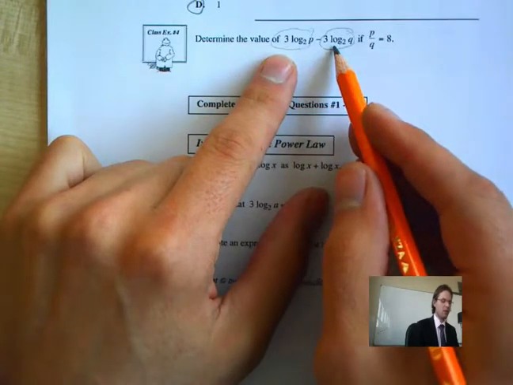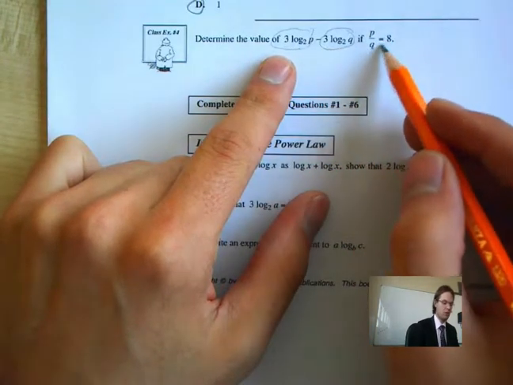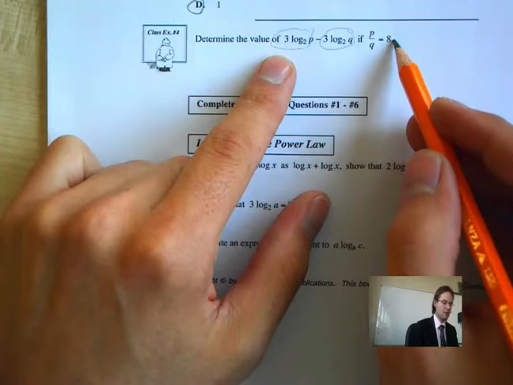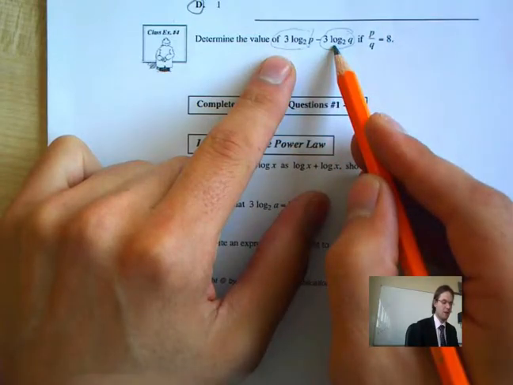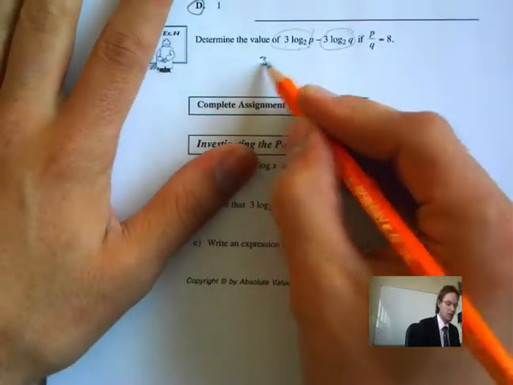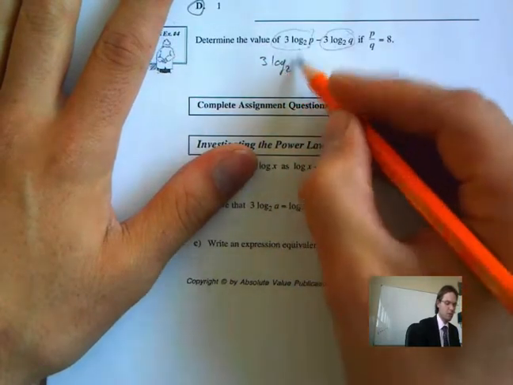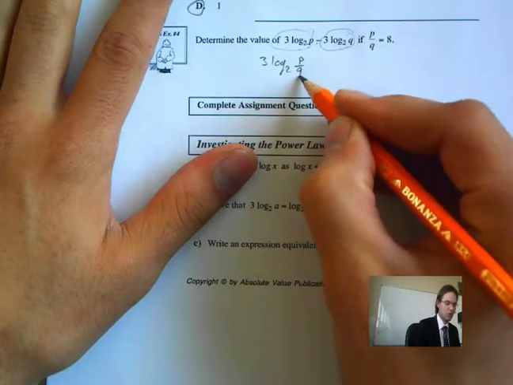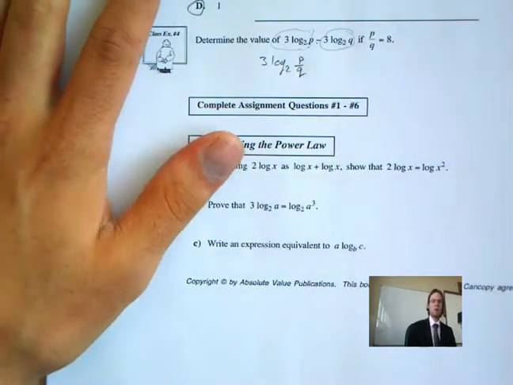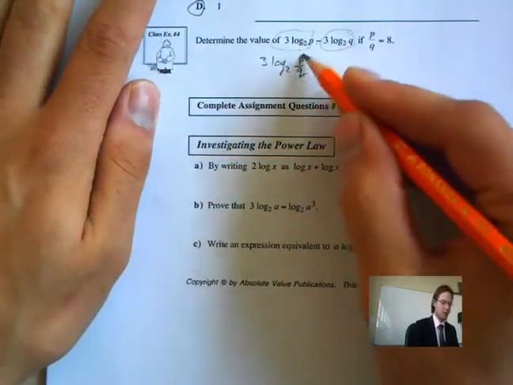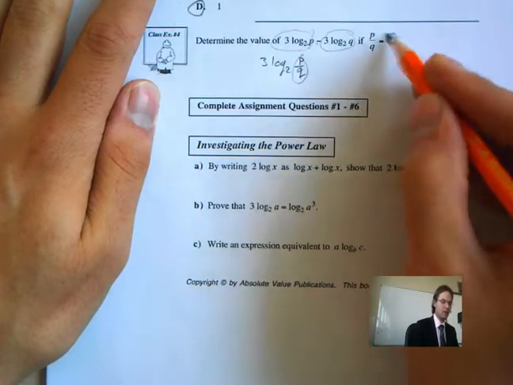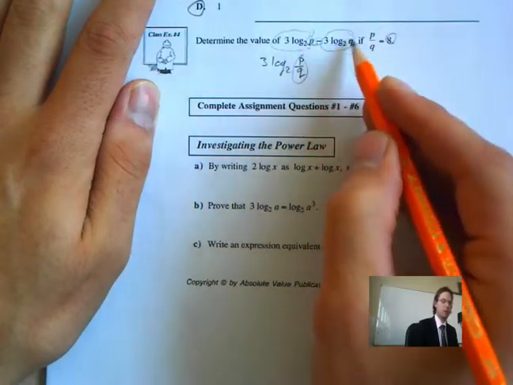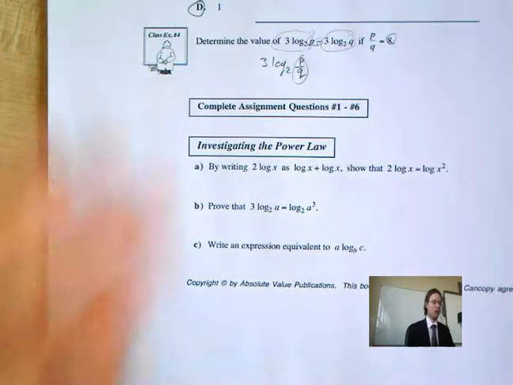So we want to determine the value of that if p over q equals 8. Well, first, if we're subtracting, that means we're dividing, p over q. Okay? So what does that mean? We said that this is actually equal to 8. Because remember, subtraction means dividing. For subtracting exponents means we have to divide.